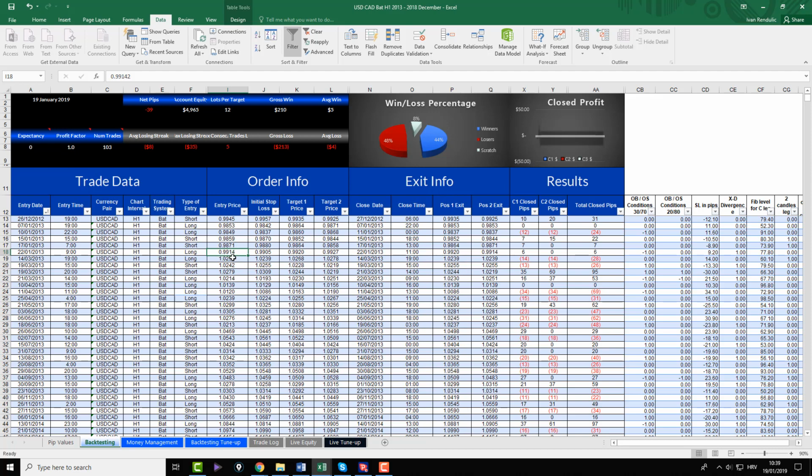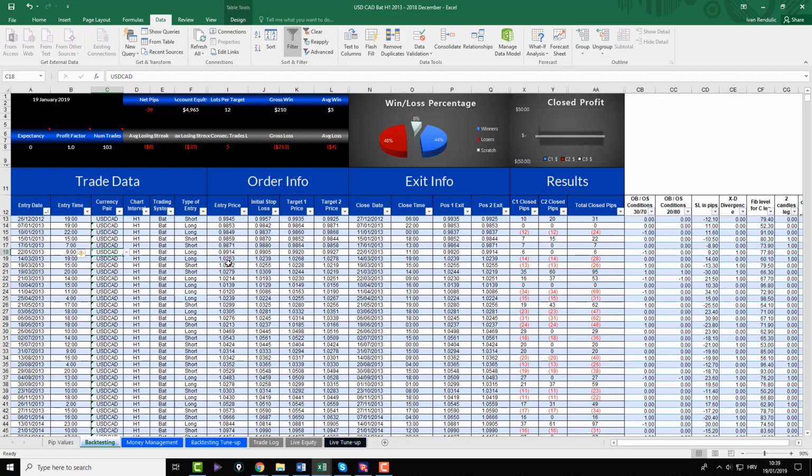Then I will reduce the entry price 2 pips lower or higher depending on whether I go long or short. In this case, if it's a long, my entry price would be 9916. Here I know that the entry price per rules was 0.9912, but I always front run by 2 pips, so I added 2 pips more, which gave me a 9914 entry price for this bat on USD CAD.